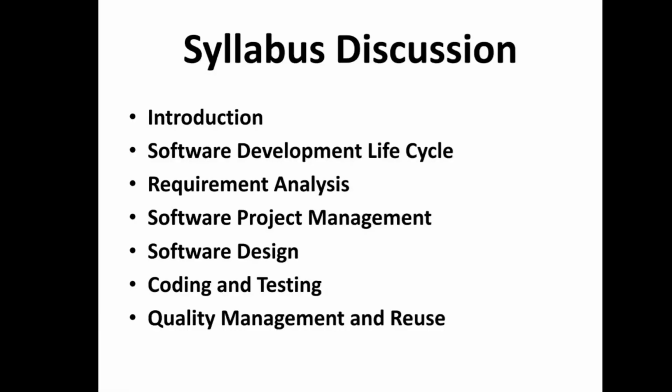Students, this is a software engineering syllabus, and also these are some of the main topics, or you can also say important topics from examination point of view. So firstly, we will discuss the introduction to software engineering.